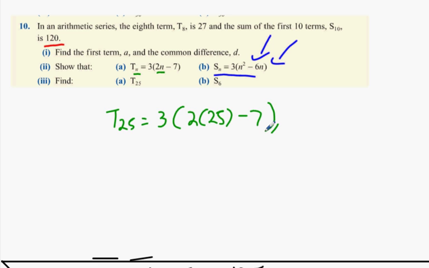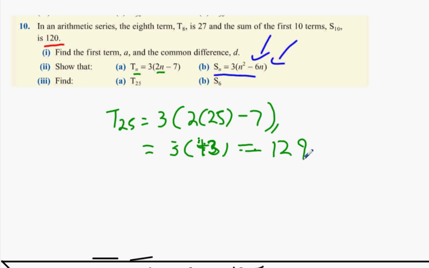Now some of you would have said, look, that's just 50 minus 7, isn't it? Which is 43. So 3 times 43 will get me 129.